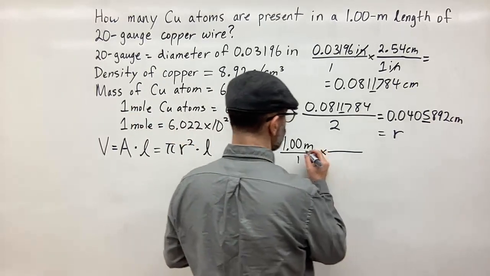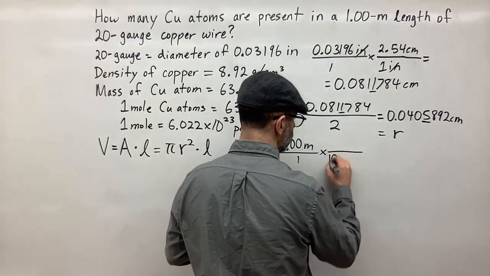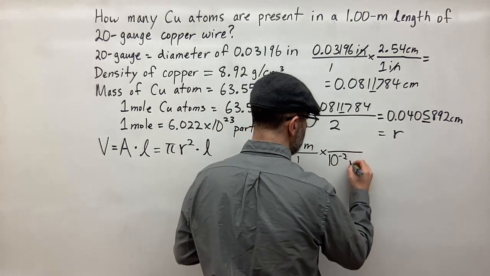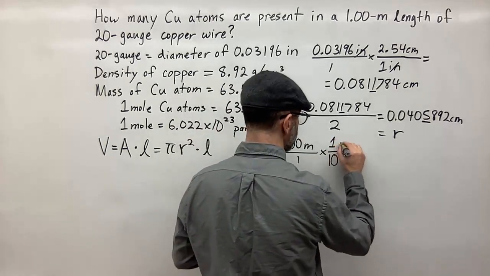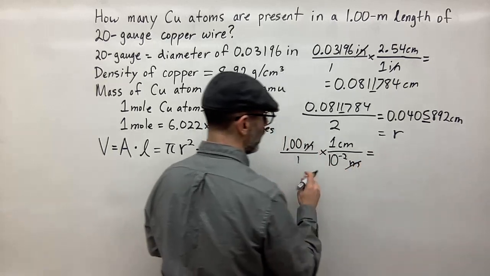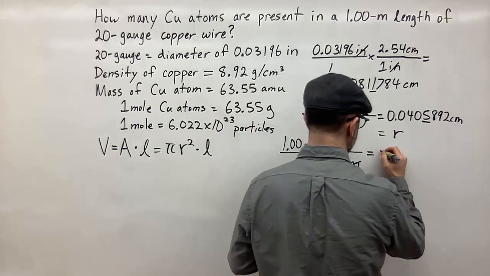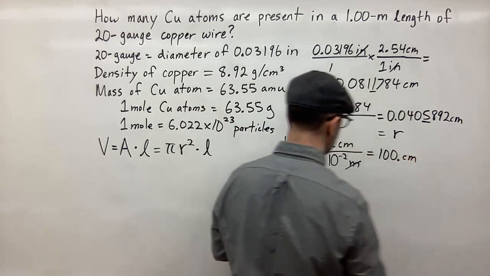So I could do that. I have meters on the top, so I would have 10 to the negative 2 meters, or 1/100th of a meter, is equal to 1 centimeter. Meters cancels out. And when I divide, I get 100 centimeters.